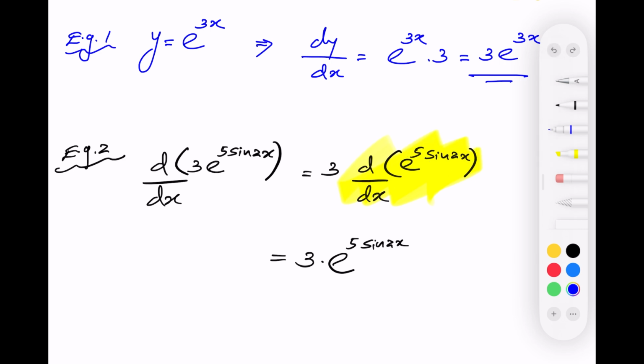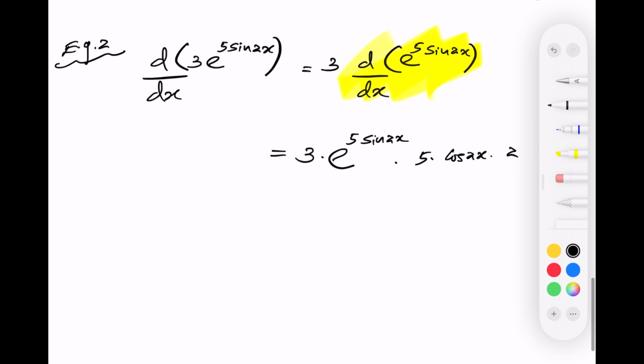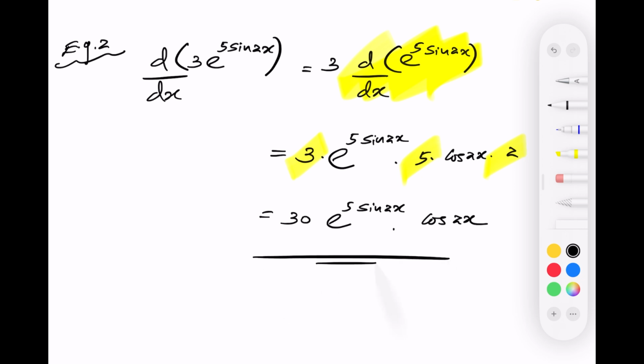When you differentiate that, we know the answer is going to be 5 times cosine 2x times 2. We will simplify that: 3 times 5 is 15, times 2 is 30. 30 times e raised to the 5 sine 2x times cosine 2x. That's the final answer for that problem.